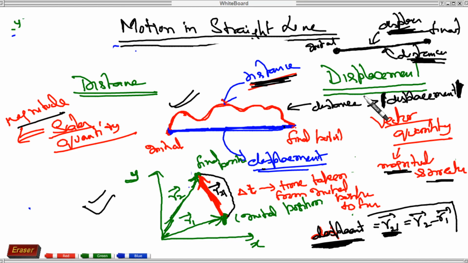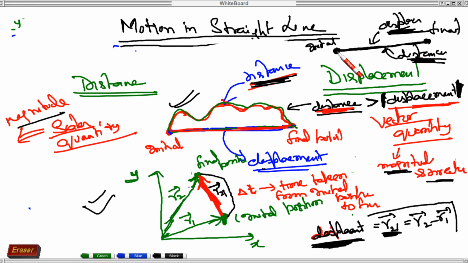You can see by your eyes that this distance is more than the displacement. If you measure it, it's more than this distance.